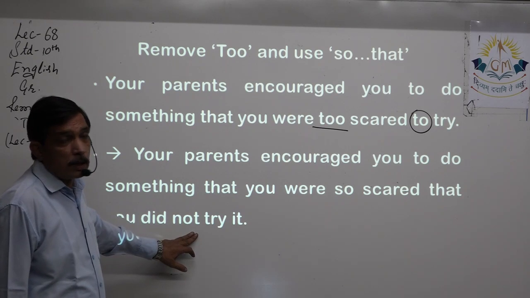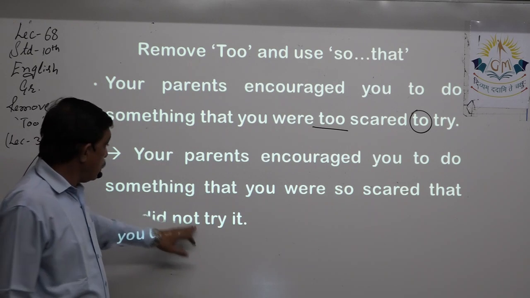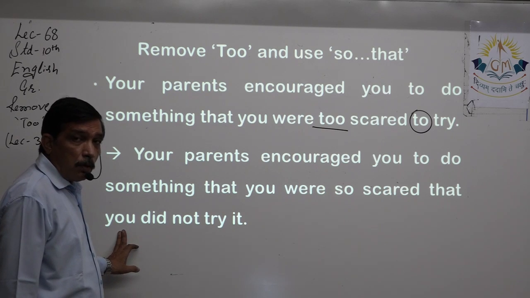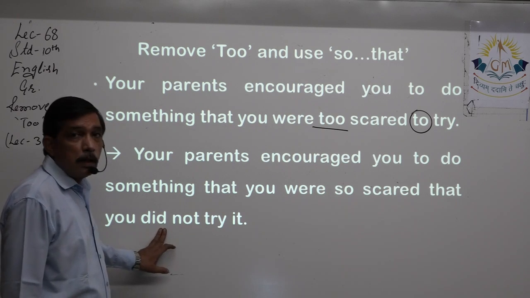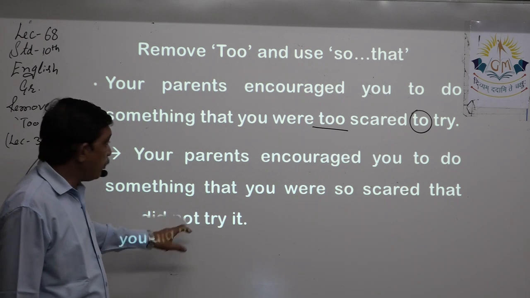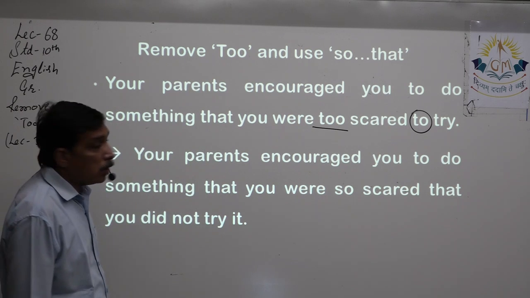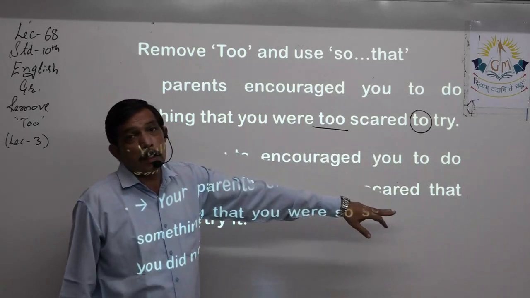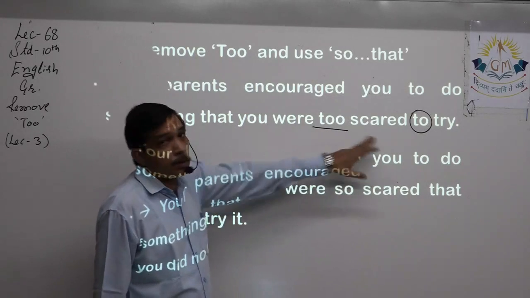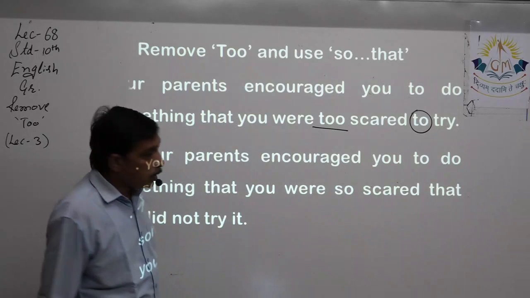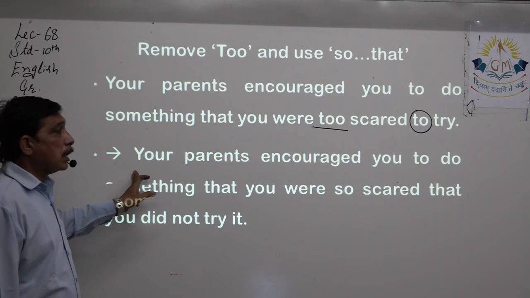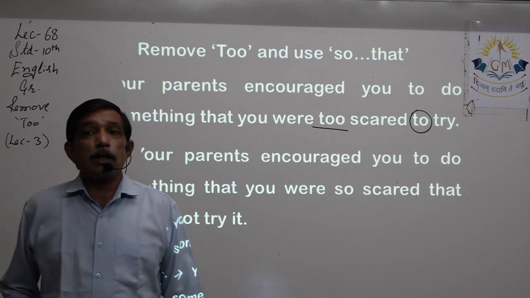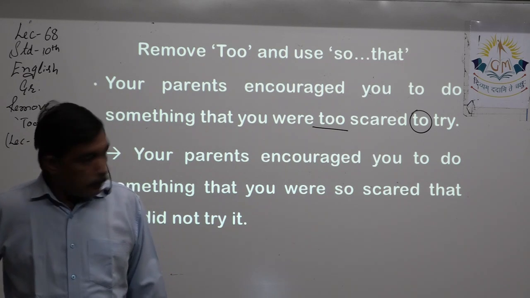I had to insert subject or object and verb form because I wanted to remove to. Instead of too scared, I inserted so scared that. So you encouraged you to do something that you were so scared that you did not try it.